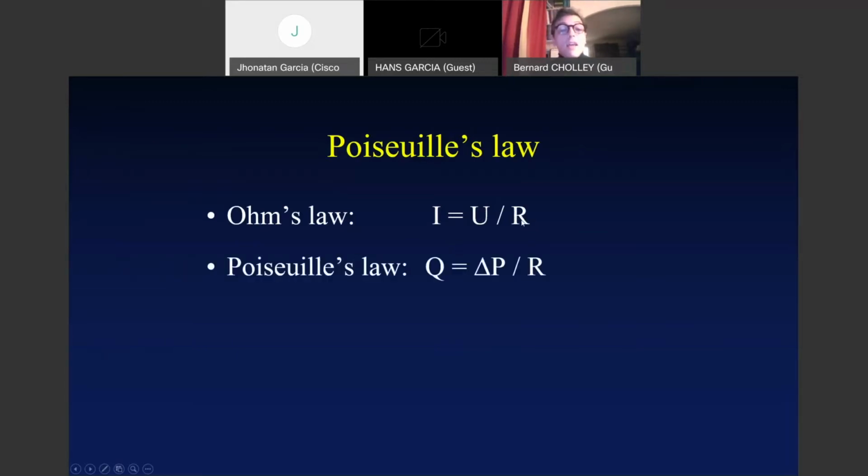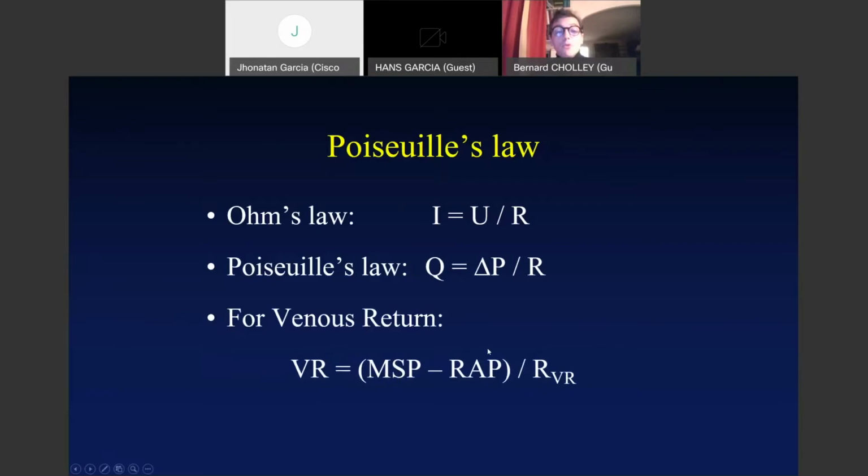So Poiseuille said, okay, it's roughly the same for the flow through a hydraulic circuit, and the flow itself is proportional to the pressure gradient between the entrance and the exit of the circuit, and is inversely proportional to the resistance of the circuit itself, which means for venous return that the flow is proportional to the pressure gradient between the entrance of the vein, and this is mean systemic pressure, I will come back a little later to explain that, versus right atrial pressure, which is the pressure at the other end of the venous circuit.